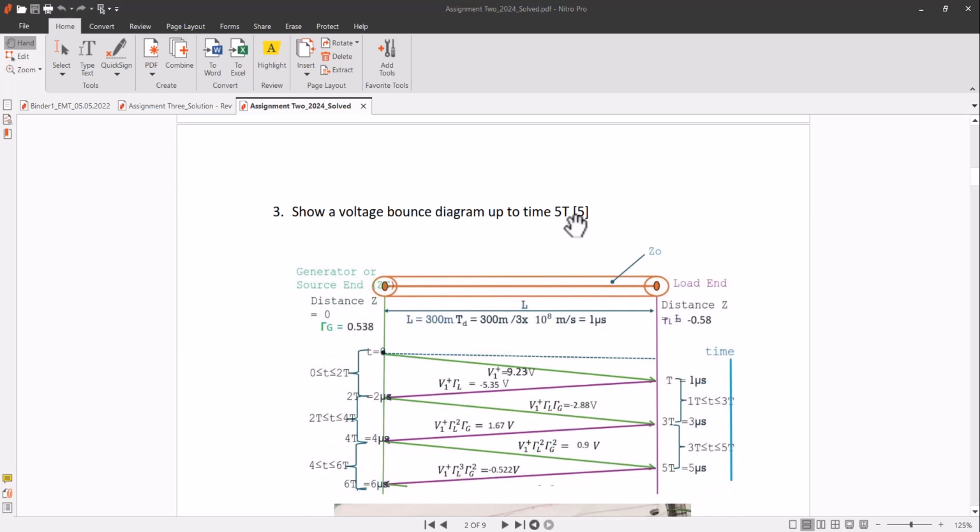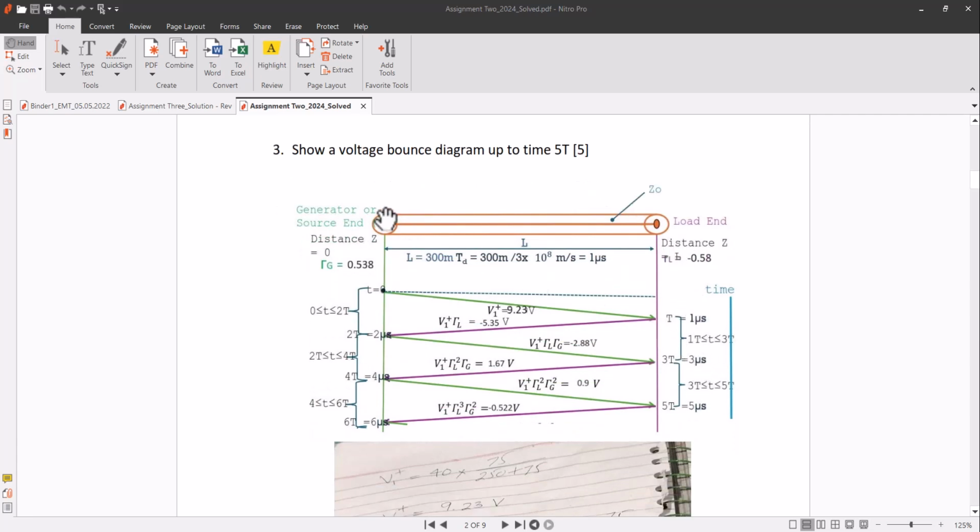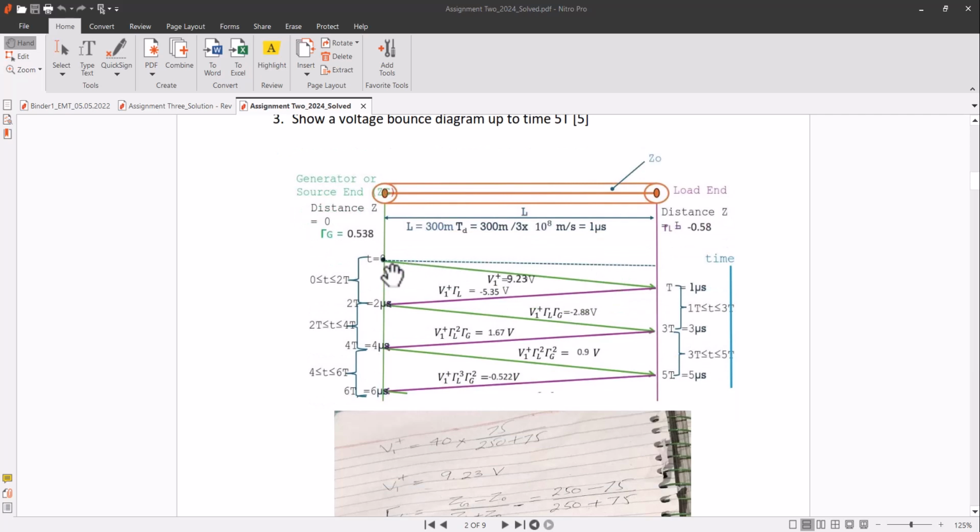Here 1T is what we calculated, that is 1 microsecond. So here you can see a standard diagram, a transmission line of length L with characteristic impedance Z0, and the signal at time t equal to 0 is V1 plus.